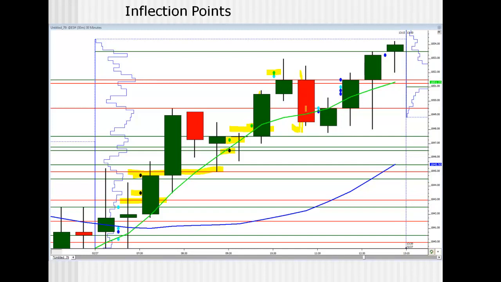Now it drops, and notice it comes right back to this level where the buyers were. Folks, this is not coincidence. We're tracking the footsteps of the giants. They were here before, and now they were willing to buy. That's what stopped prices from continuing lower here.